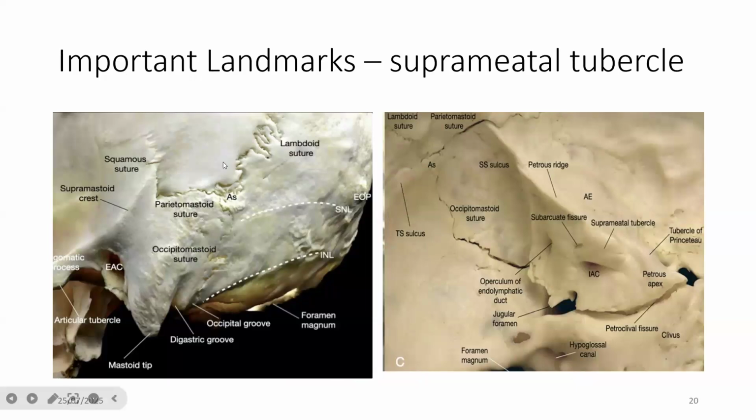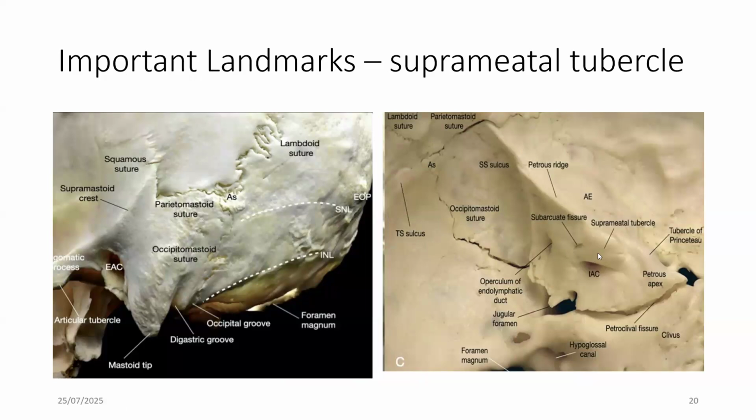Now another landmark that has to be mentioned here is the suprameatal tubercle. This tubercle is located at the posterior superior part of the internal acoustic meatus, as you can see here.